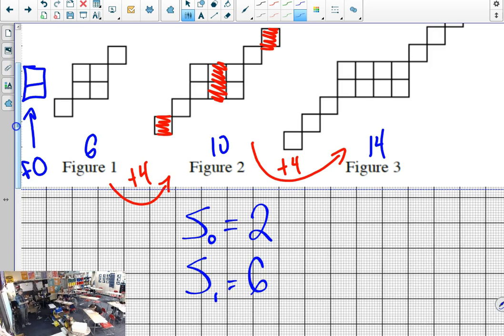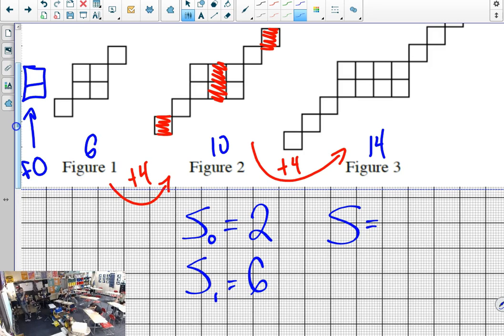How could I write this as a formula for squares needed, with an input of what figure number you're at, if we're always adding 4?